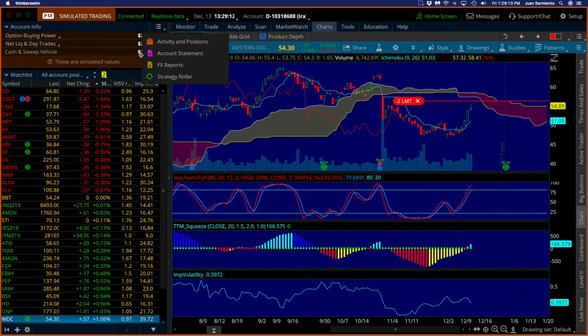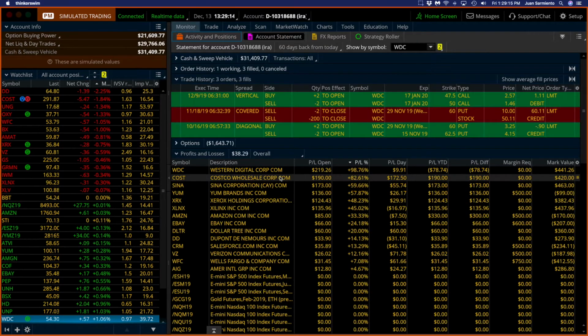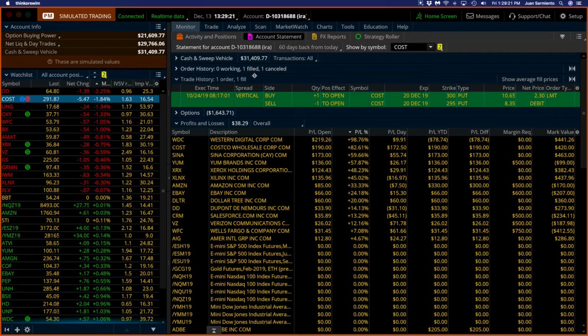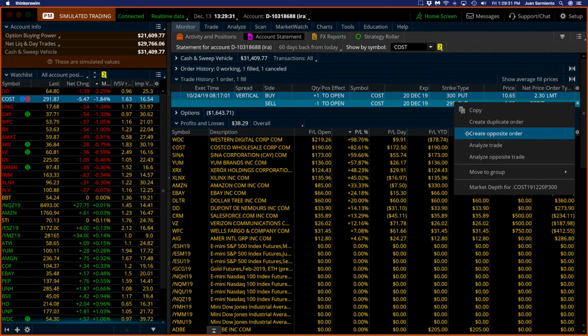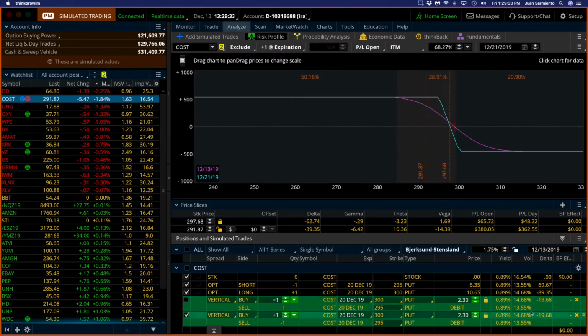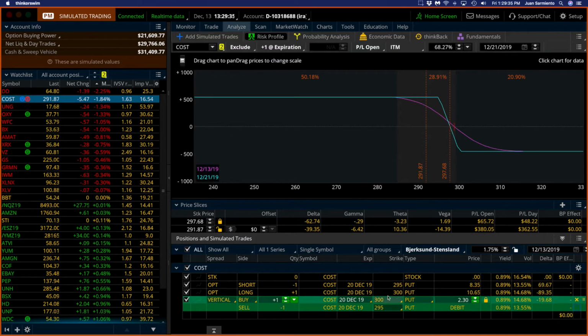Another one that we have here is Costco, 82%. Let's take a look. Costco right here. They reported earnings, and the stock came down rather abruptly. So here's the original trade. It was a put spread, a bearish put vertical, meaning let's trade to the downside.